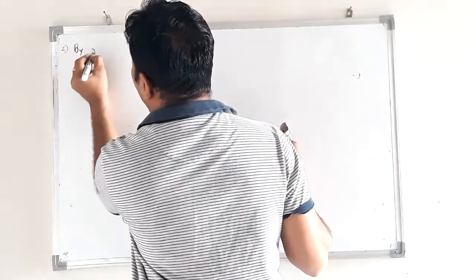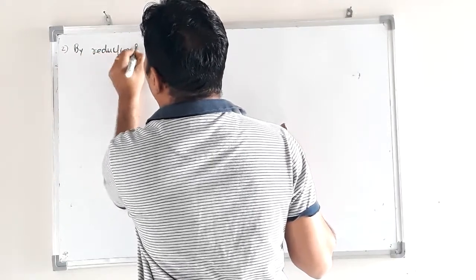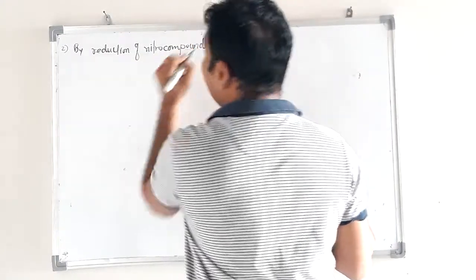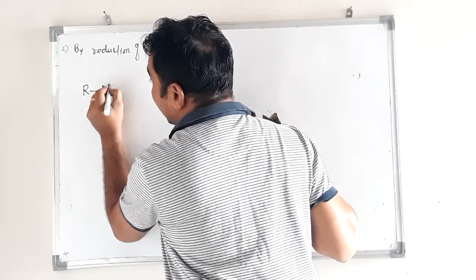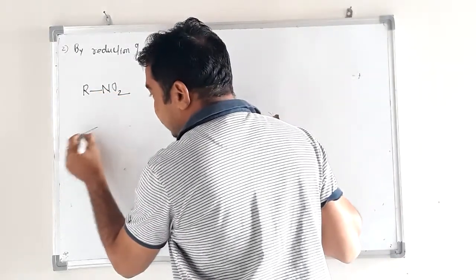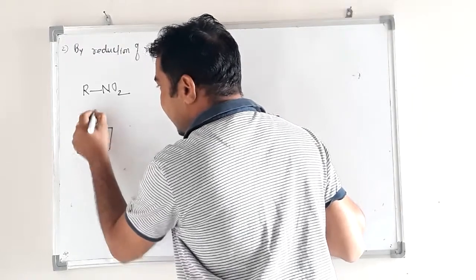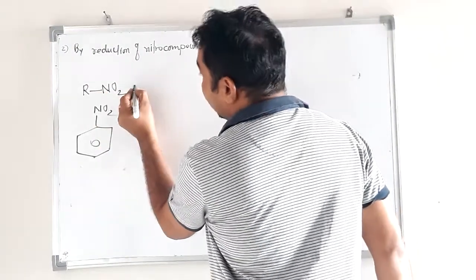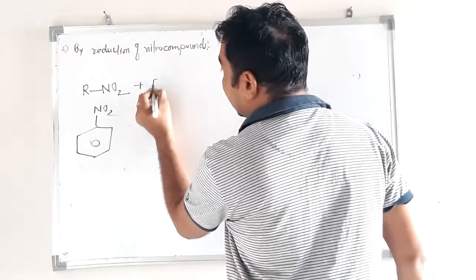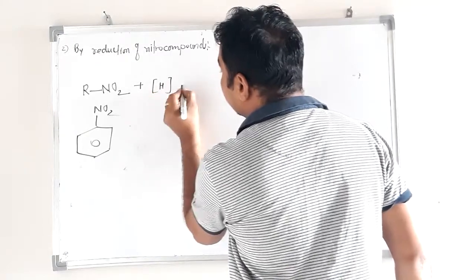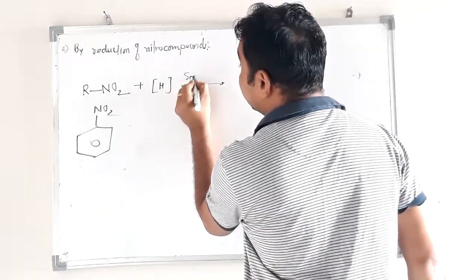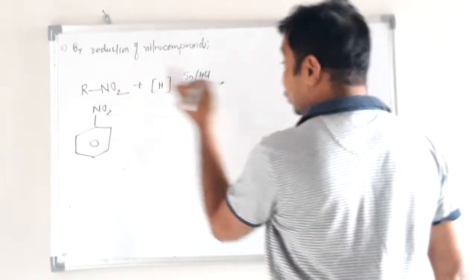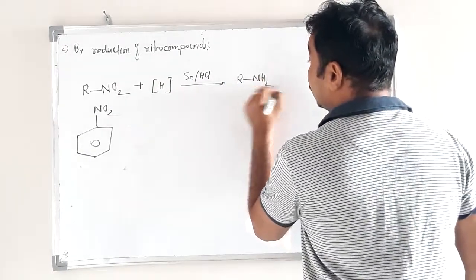Second method, by reduction of nitro compound. Nitro compound means RNO2, or for example aromatic, nitrobenzene. This is nitroalkane. This nitroalkane, when treated with reducing agents such as Sn/HCl, then this NO2 group gets converted into NH2.